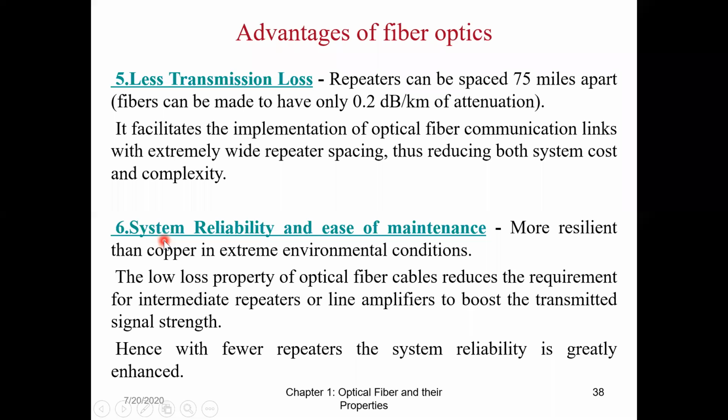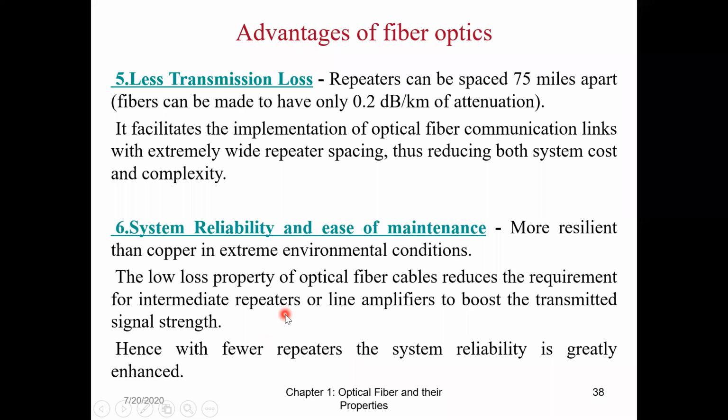Then the sixth advantage is system reliability and ease of maintenance. Okay, so it is more resilient than copper cable in extreme environmental condition. The low loss property of optical fiber, now I'm comparing with a copper cable, reduces the requirement for intermediate repeaters. So same thing, we are considering it under the head of ease of maintenance.